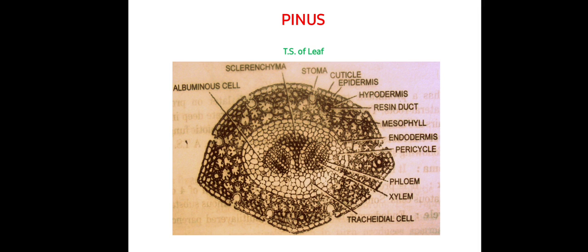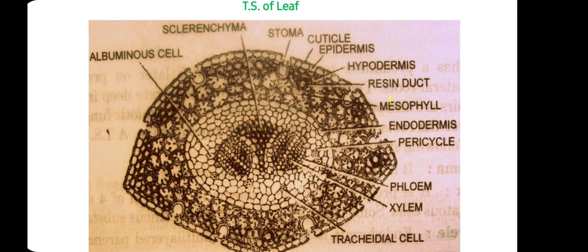Here the vascular bundles are conjoint, collateral, open and endarch. Sieve tubes are present in phloem. Phloem parenchyma is present and companion cells are absent. So this is the structure of the Pinus needle.